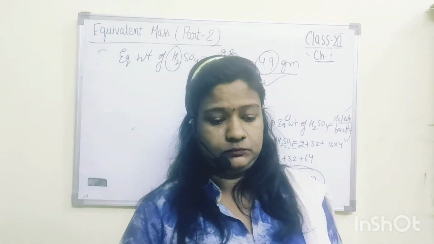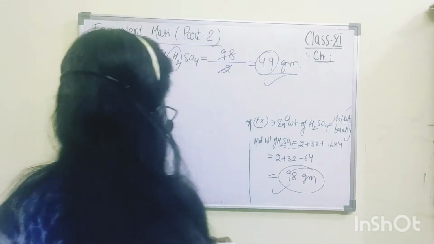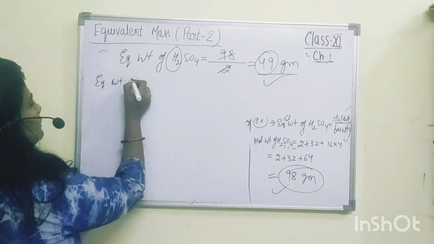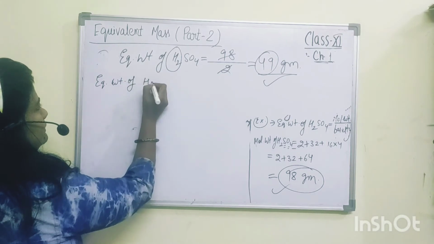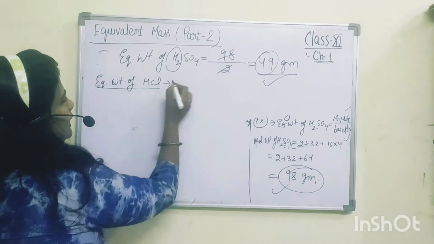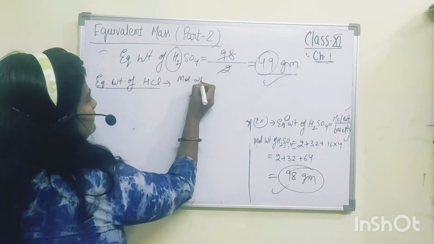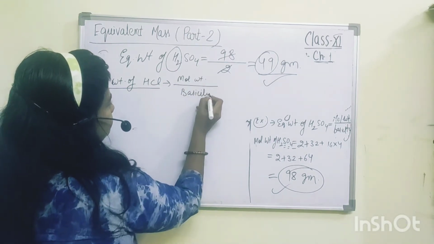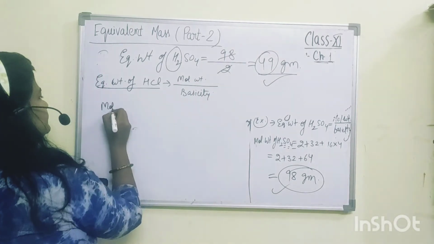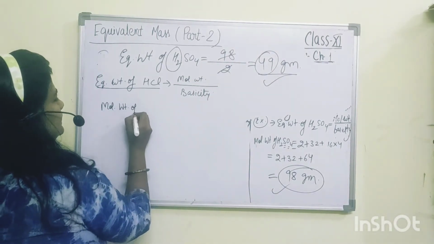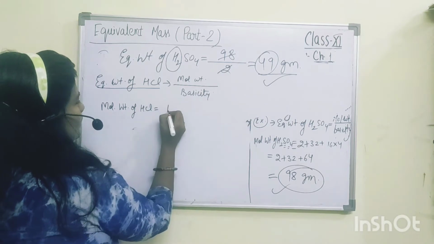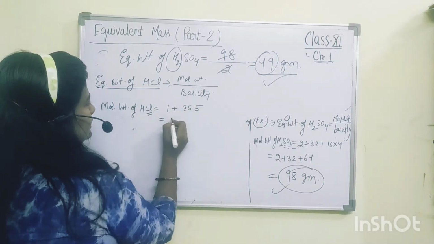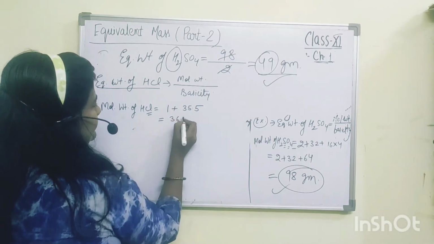One more example. Suppose you have to calculate the equivalent weight of HCl. Its molecular weight divided by its basicity. Molecular weight of HCl is 1 plus 35.5, which is 36.5 gram.